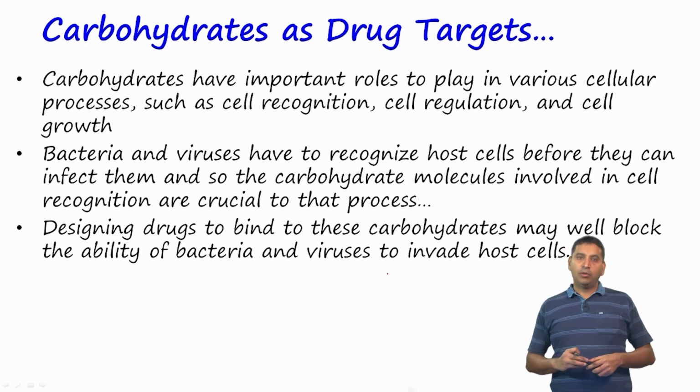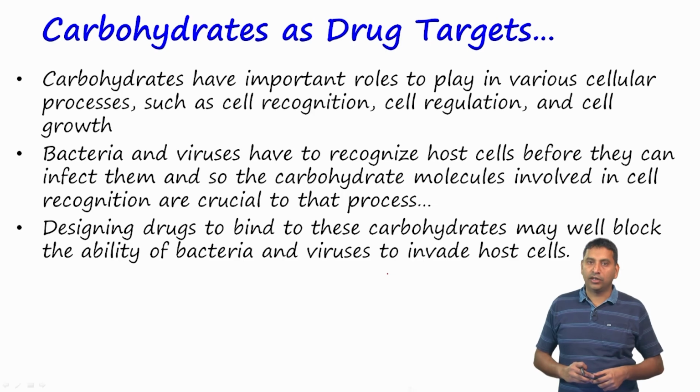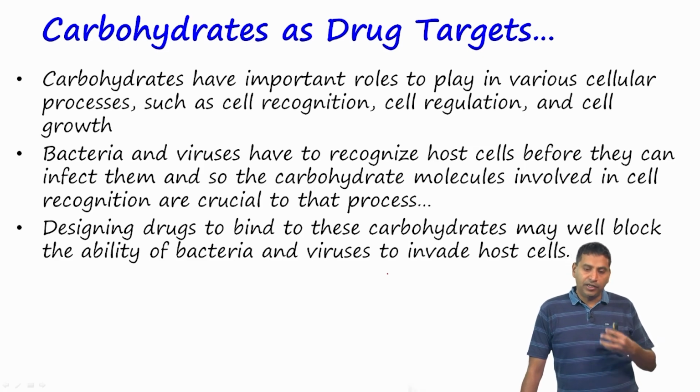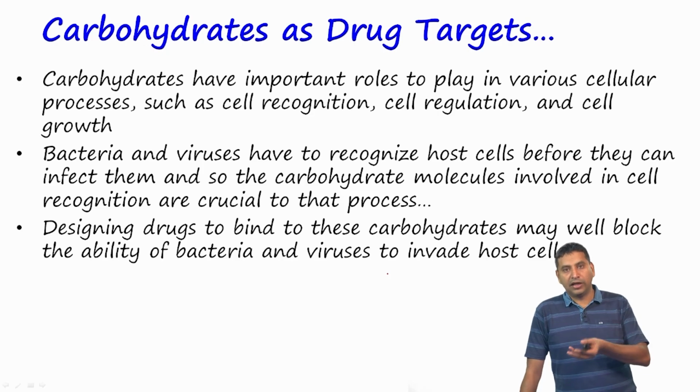Now, for carbohydrates to be considered as drug targets, the reason why they are interesting is because they have important roles to play in various cellular processes. A very key role that carbohydrates play is in cell recognition. The surface of the cell has a number of sugars which enable recognition of like cells.